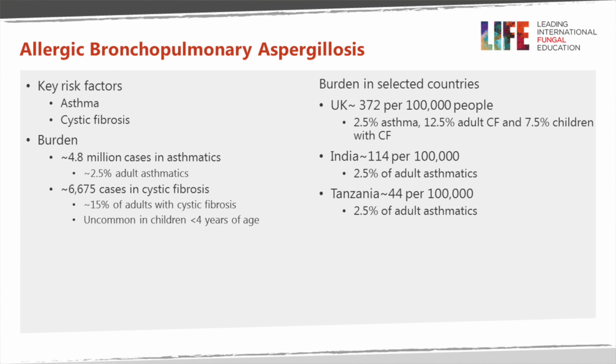And the rate per 100,000 varies a lot. So we think it's particularly common in the UK because we have a lot of asthma in the UK, but it's pretty common in India. And actually this number of 2.5% may be an underestimate for India because it's especially common there. And then in Tanzania, we don't have very good data because it's not a diagnosis made very often there. But when you look at the number of adult asthmatics, that's the number that you get, about 44.